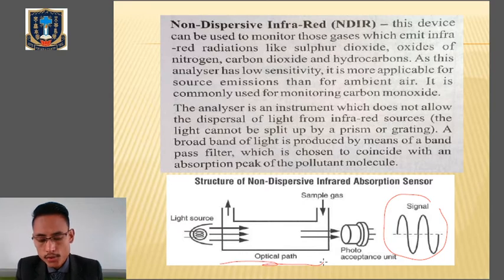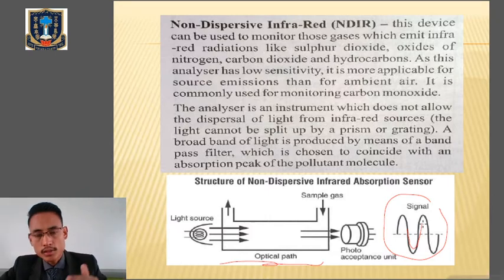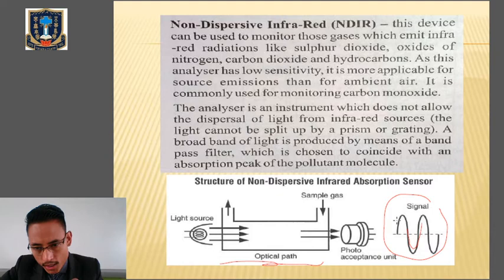The signal that is produced has to coincide, has to match with the absorption peak of the pollutant molecule. That means the peak of the gases produced after passing through the NDIR has to match with the absorption peak.